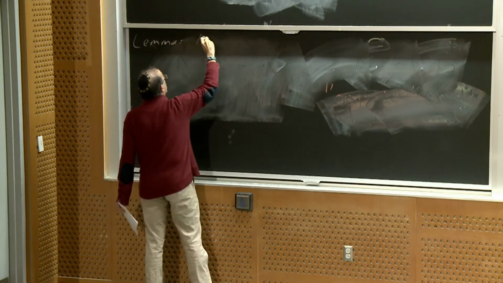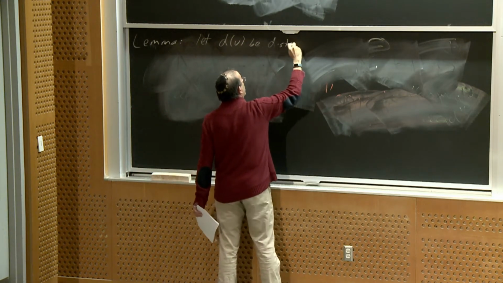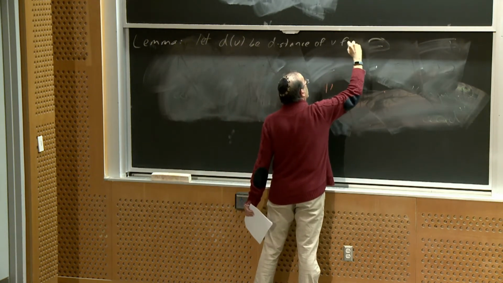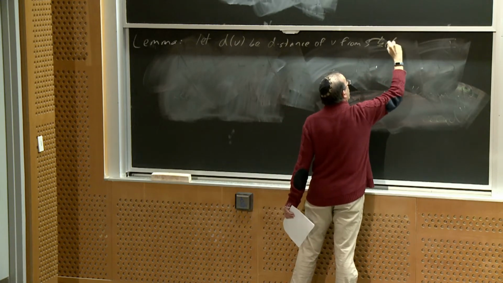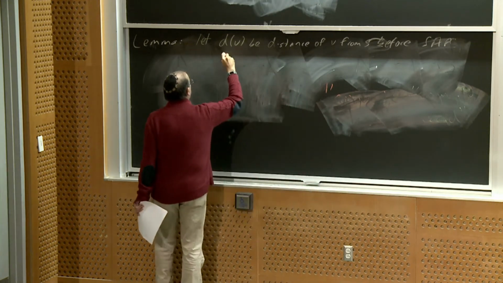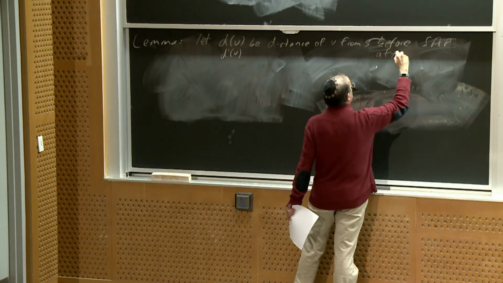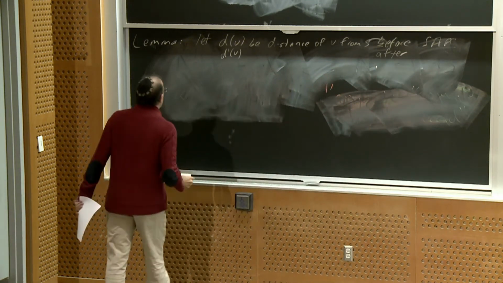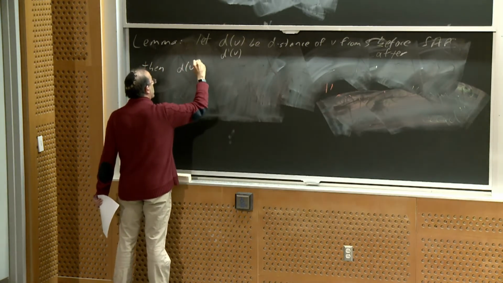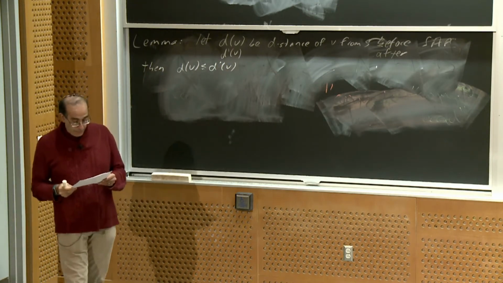If we look at the distances of all vertices before you do a shortest augmenting path, and we compare them to the distances of all the vertices after you do your shortest augmenting path, then in fact, the new distance is no smaller than the old distance.